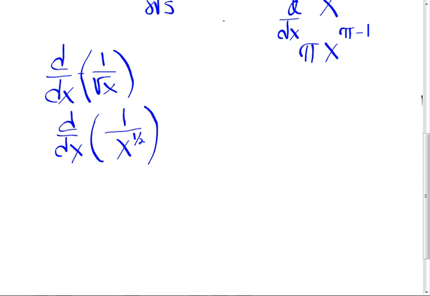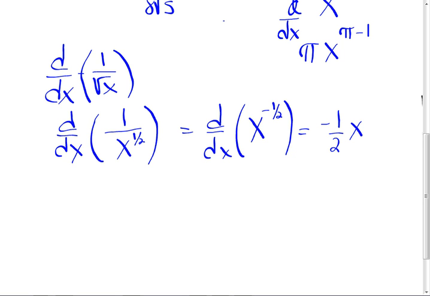Isn't that what square root is? Which is the derivative with respect to x of x to the what? Negative 1/2. So what would that derivative be? Negative 1/2 x to the, go down 1, negative 3/2. Easy to go the wrong way.